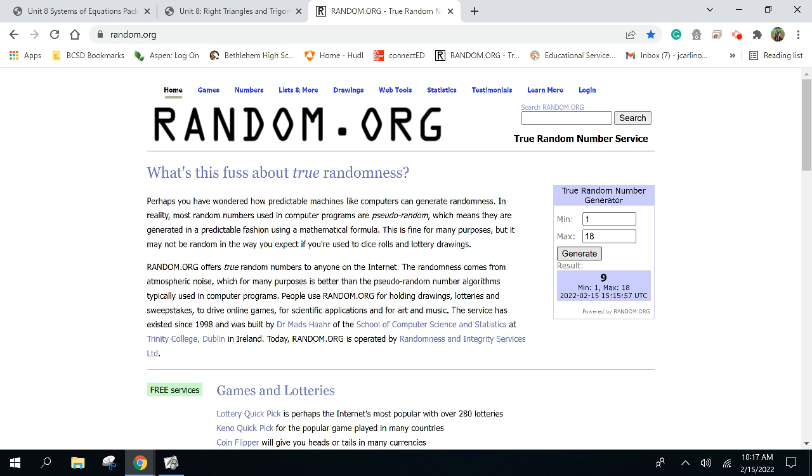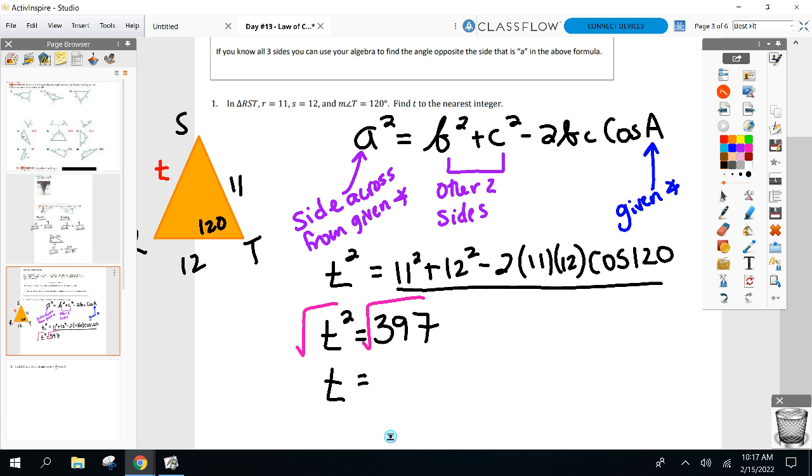Let me know. 20. Welcome to the law of cosines here. We got to do more with it. Anything here? We're all good on your calculators? All right, let's keep moving.